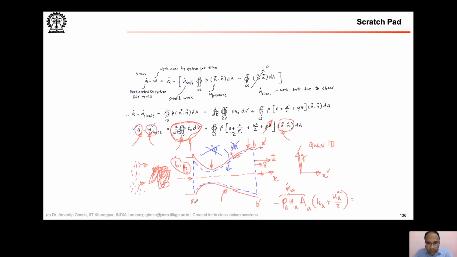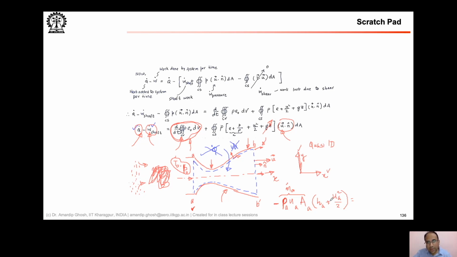So then on this left hand surface, we have negative rho. So this is rho, not p. So rho at A, u at A times the A at A, so the cross section area at A, multiplied by h at A. So h is nothing but E plus P by rho, and we are considering h at this station.